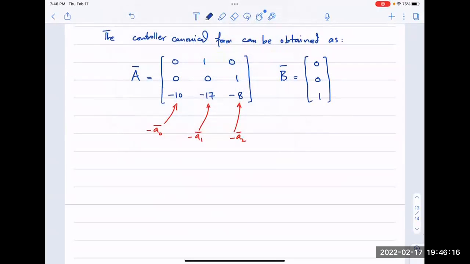The next step is the similarity transformation. How did we get here?